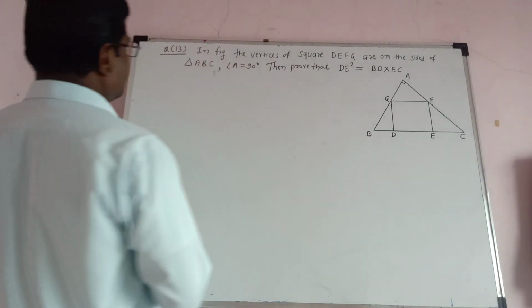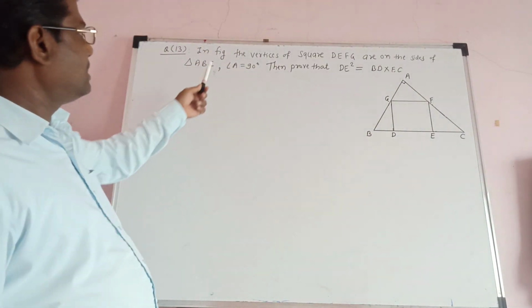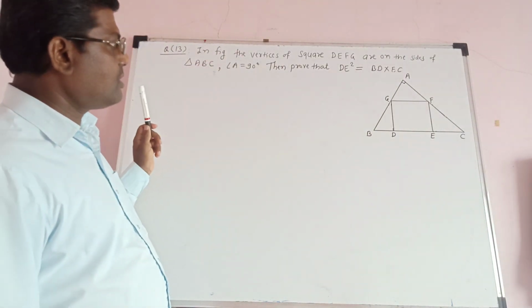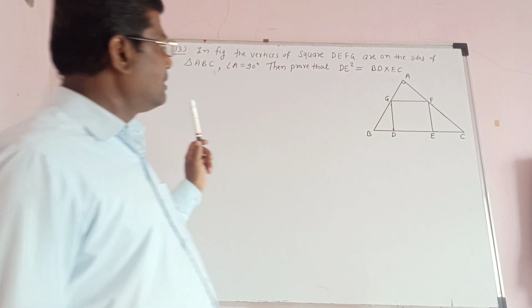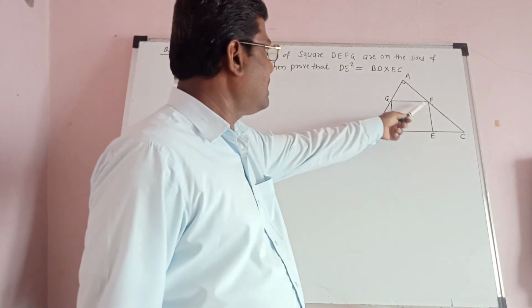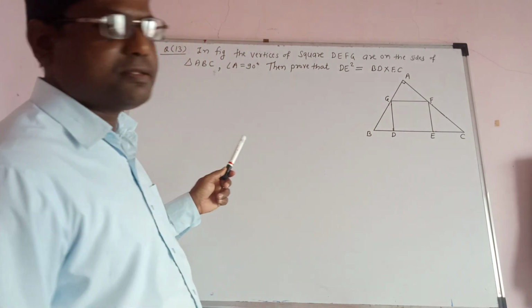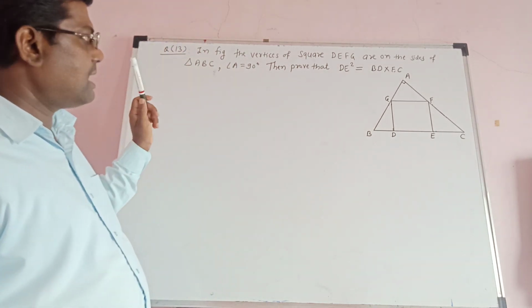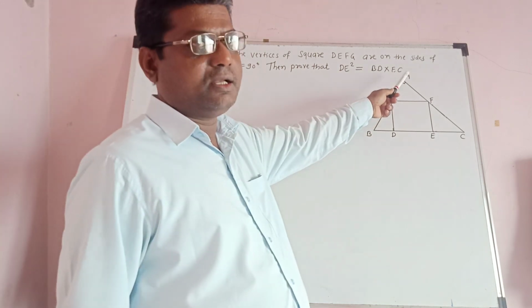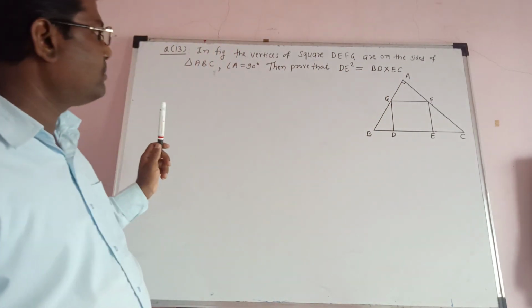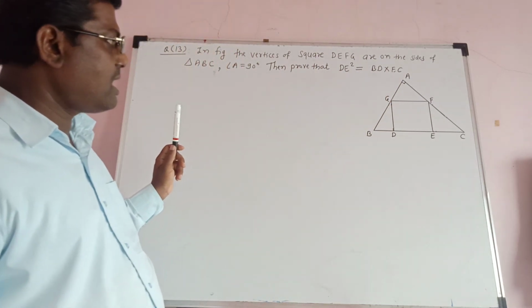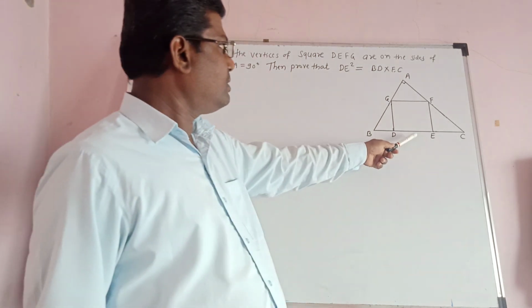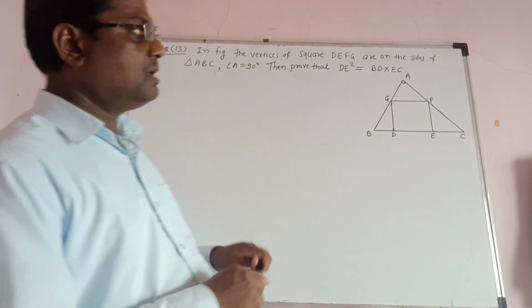Question number 13. In the figure, the vertices of a square DEFG are on the sides of triangle ABC. Angle A is equal to 90 degrees. Then prove that DE square is equal to BD into EC.